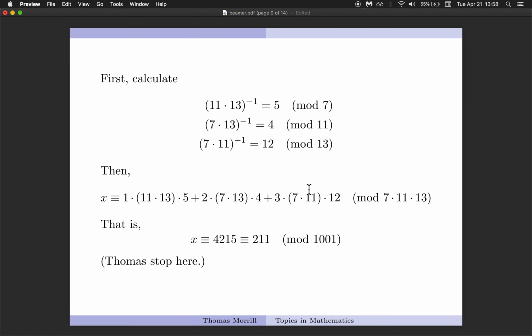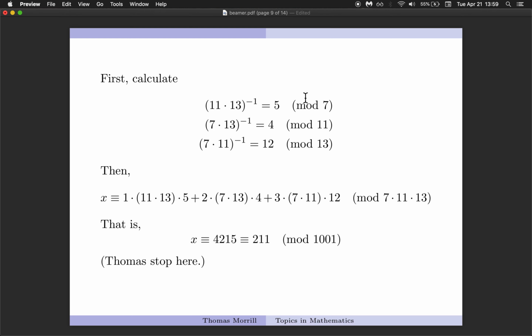So the first thing I do for integers mod 7, I take the other 2 moduli, 11 and 13. I multiply those 2 numbers together, and I need to find the inverse of whatever this product is. And I've calculated that out, and I got 5.